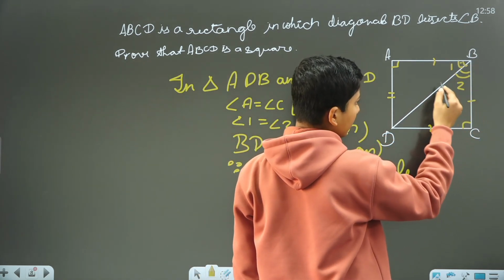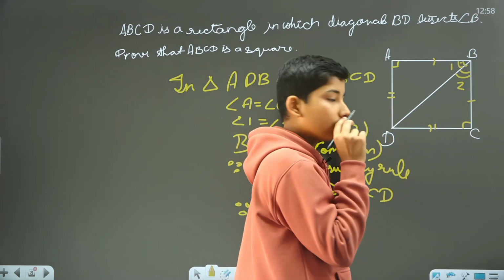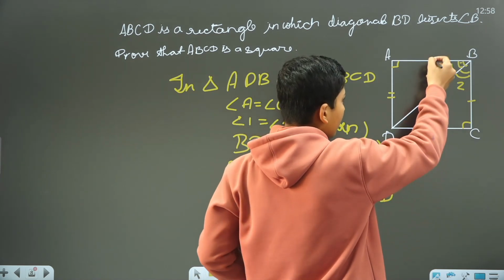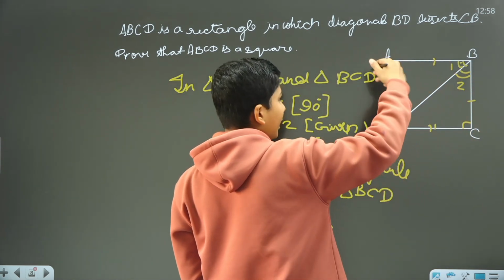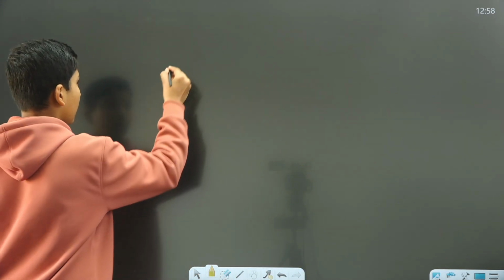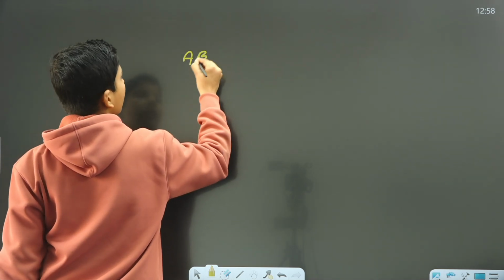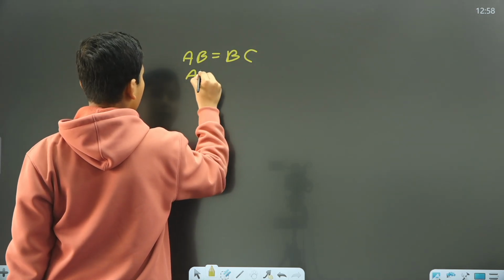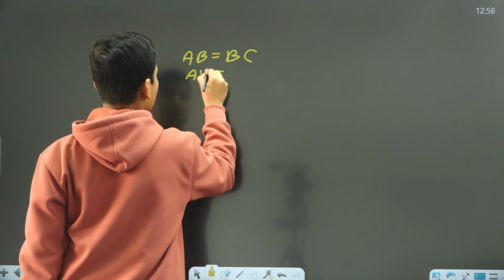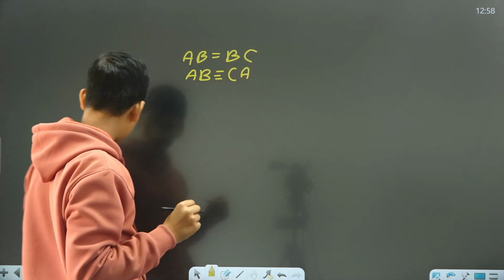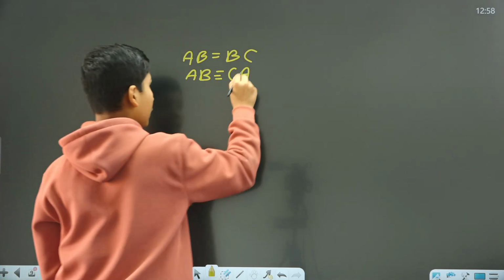So by property of a triangle we can say AB equal to BC and AB equal to CD.